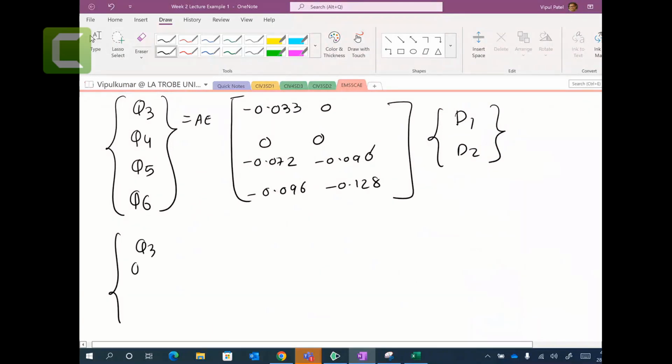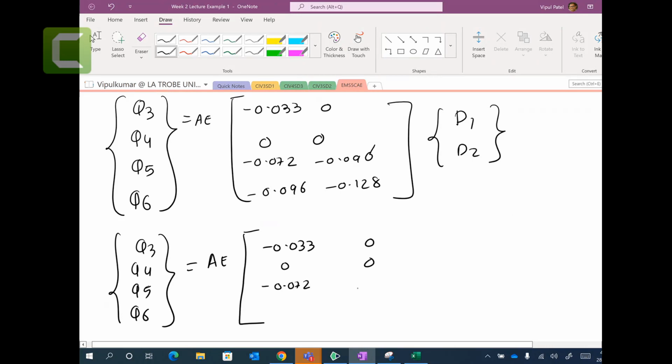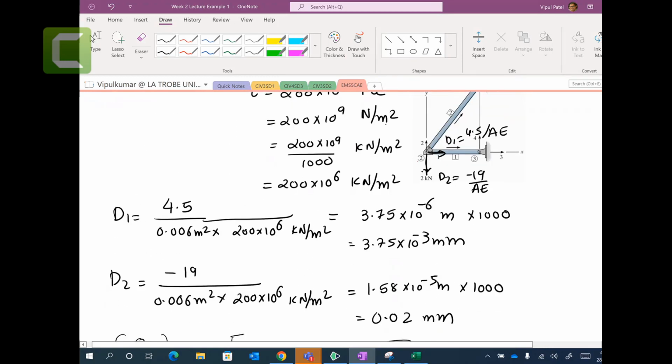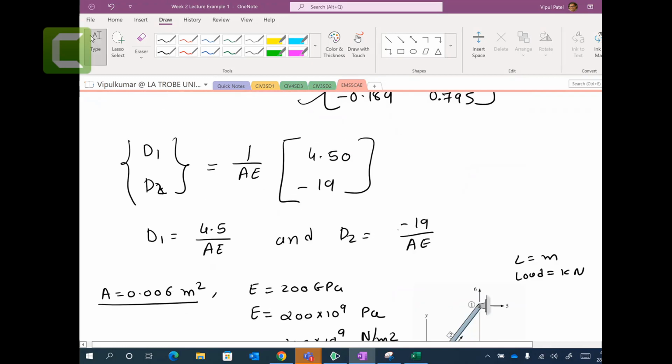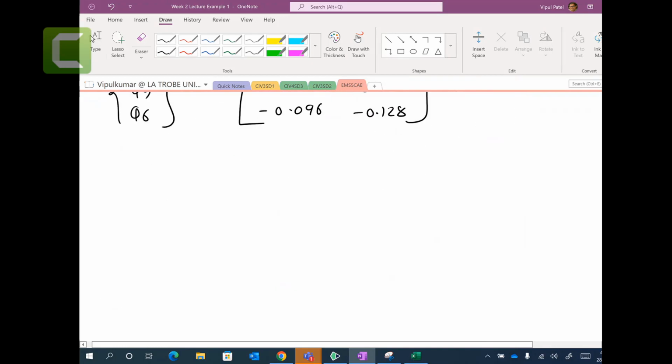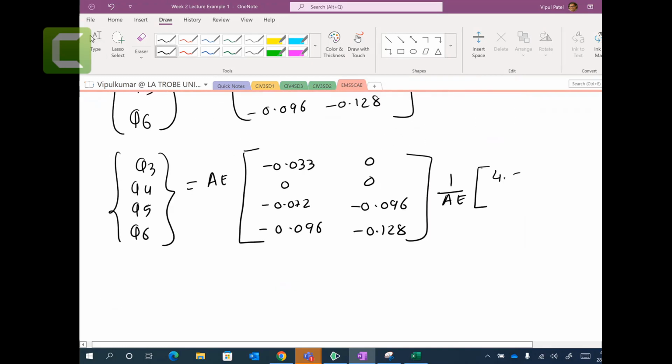So Q3, Q4, Q5, Q6 equal to AE minus 0.033, 0, 0, minus 0.072, minus 0.096, minus 0.096, minus 0.128, times 1 over AE. D1 is 4.5 and D2 is minus 19. So 4.5 and minus 19. We can cancel this.